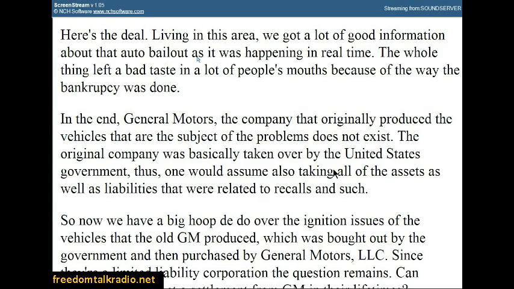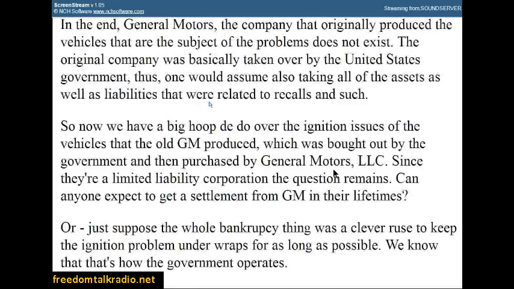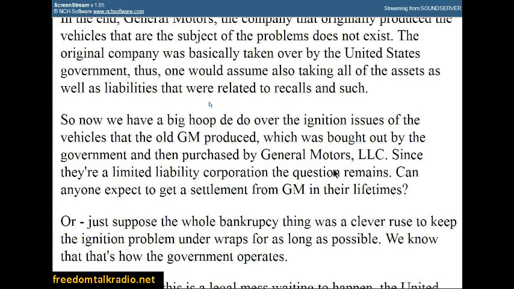So now we have a big hoopla over the ignition issues of the vehicles that the old General Motors produced, which was bought out by the government and then purchased by General Motors LLC. Now, since they're, as I understand it, currently a limited liability corporation, the question remains, can they be sued for this? Does their limited liability cover this? Can anyone expect to get a settlement from General Motors in their lifetimes?